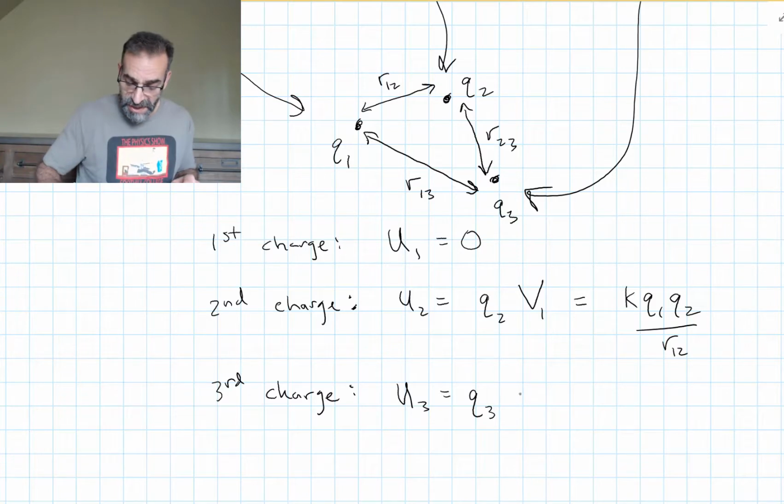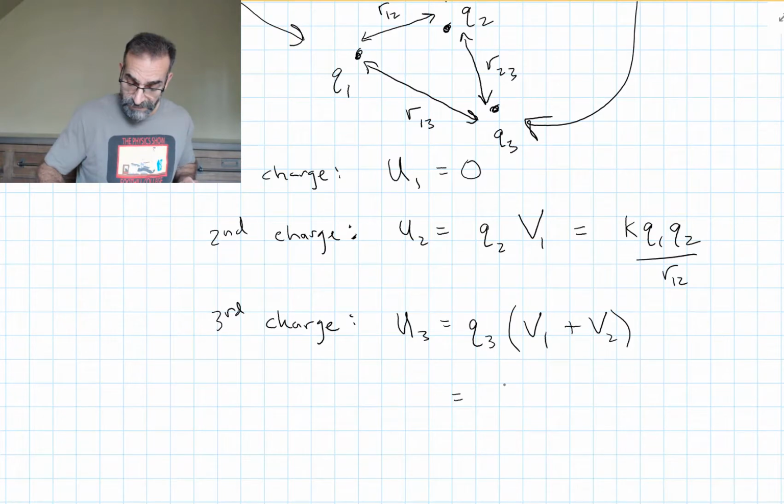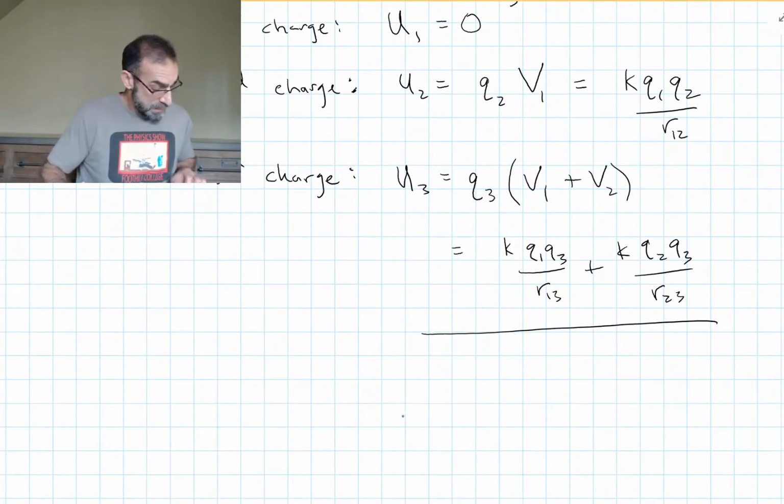And the potential is a combination now of the potential from charge 1 and the potential from charge 2. So what I get here, K Q1, and I add all of these up, and I get my total U for the system of charges.